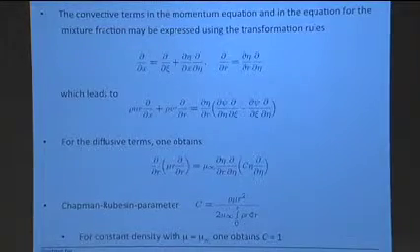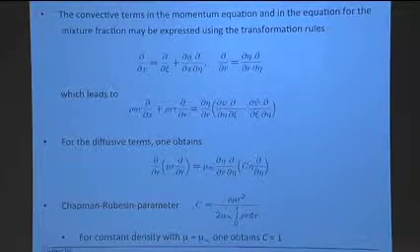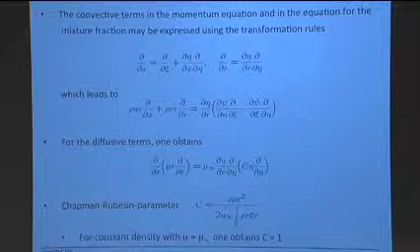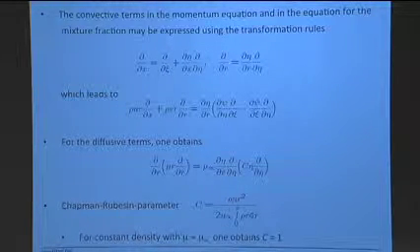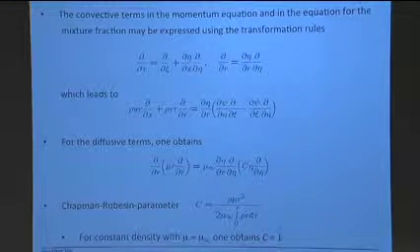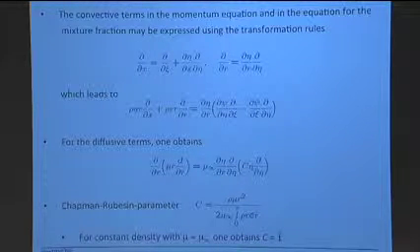If you introduce this transformation and make a few more assumptions, for example, about this so-called Chapman-Rubesin parameter, which is essentially mu divided by mu infinity, that gives you the change with temperature of the transport coefficients that you see here.